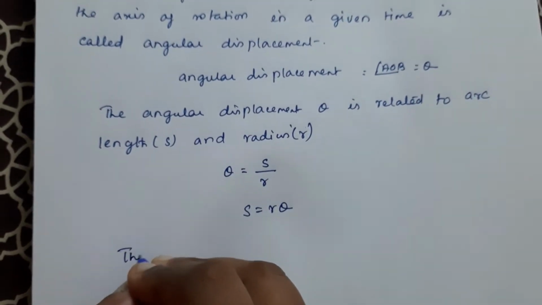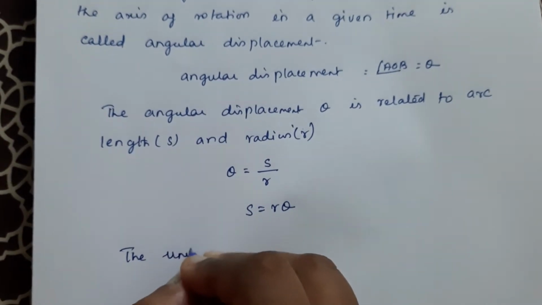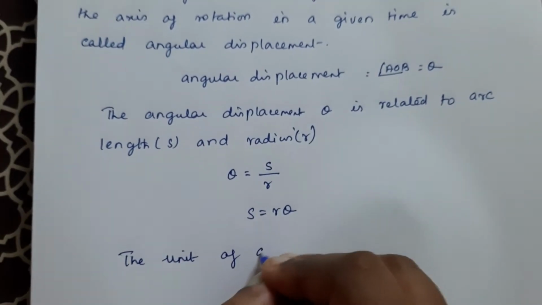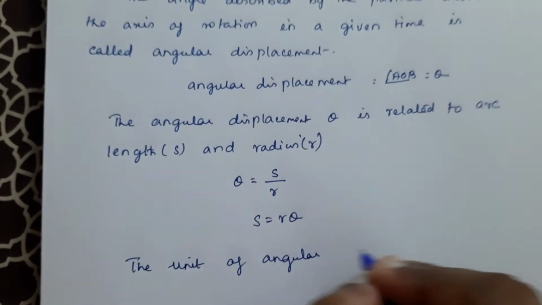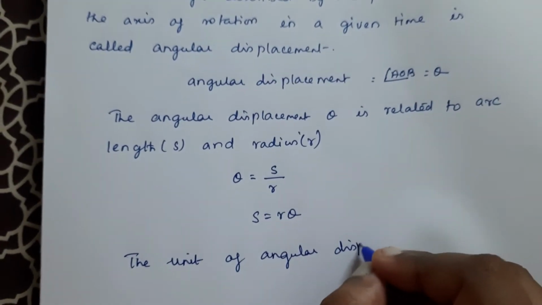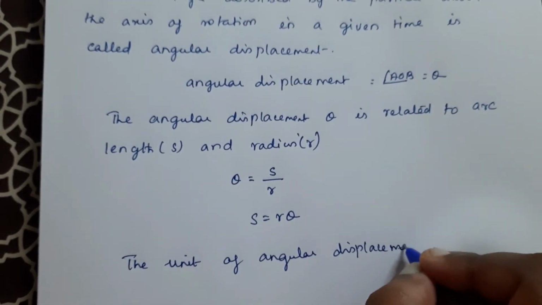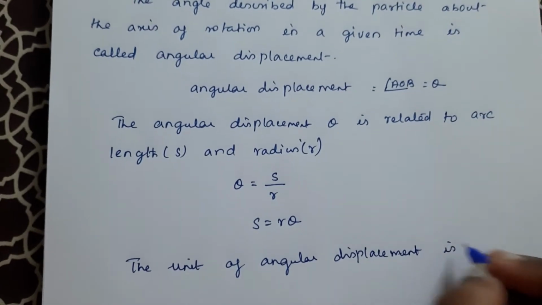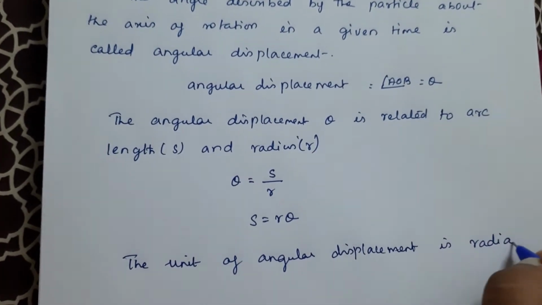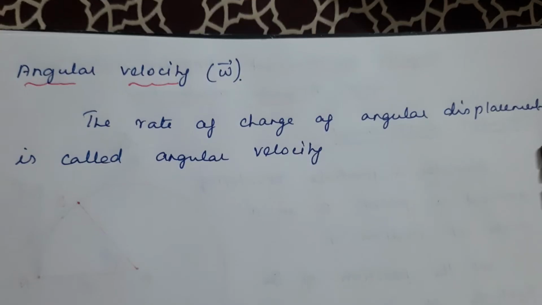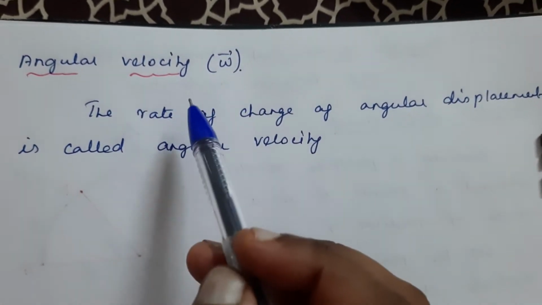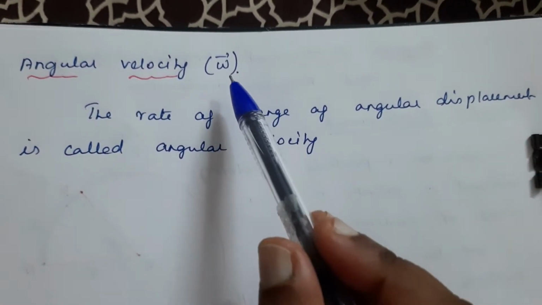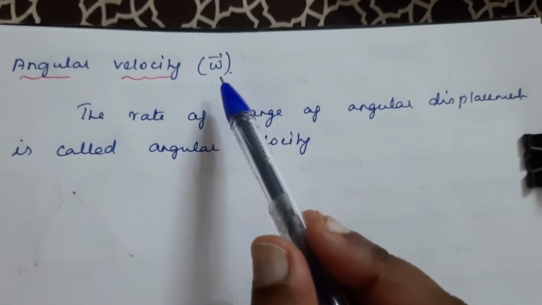It's just an angle. So the unit for angular displacement is radian. The next is angular velocity. Angular velocity is denoted by the letter omega.